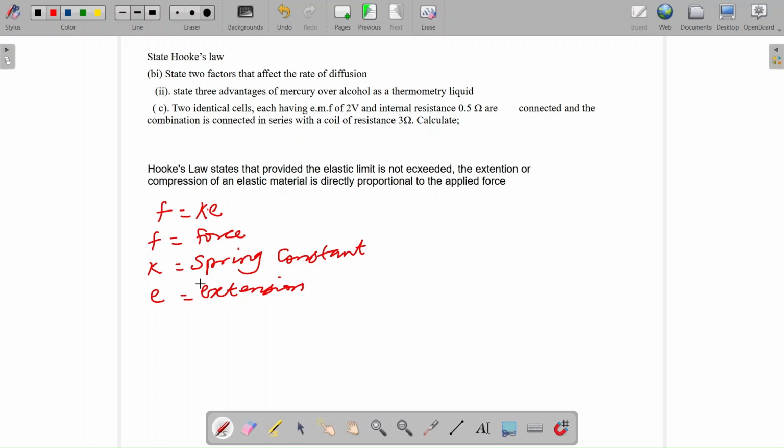So that is it. State two factors that affect diffusion. So two factors that affect diffusion: one is temperature.